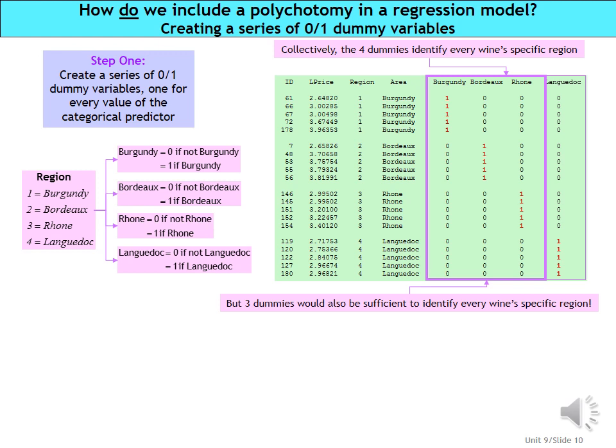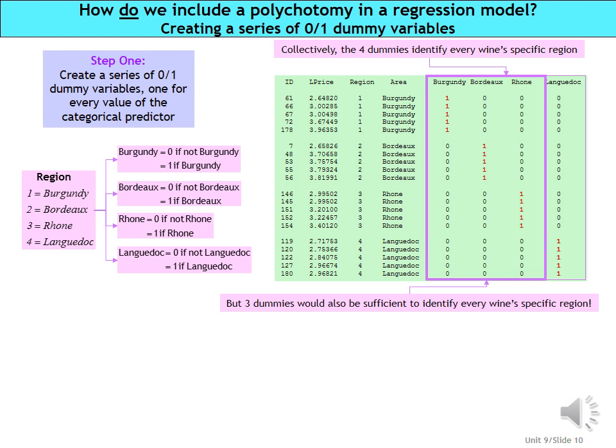With 3 variables, I can cover the whole 4 levels of one variable. So instead of 4 different dummy variables, I can just eliminate 1 and use 3.